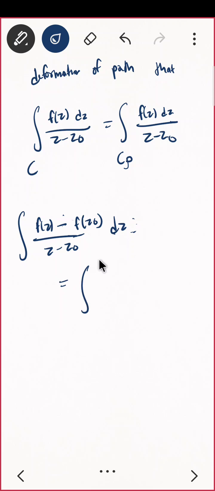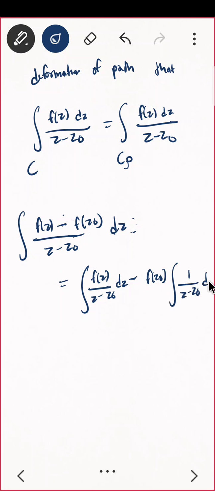That is the integral of f of z upon z minus z naught dz minus, since f of z naught is constant for me, you can take f of z naught outside, the integral of 1 upon z minus z naught dz over this 0. Can I do that?